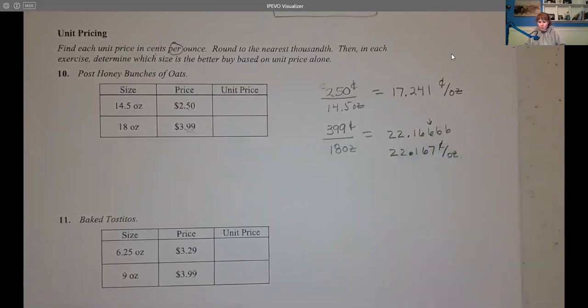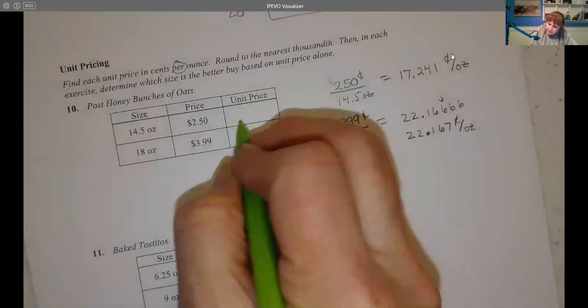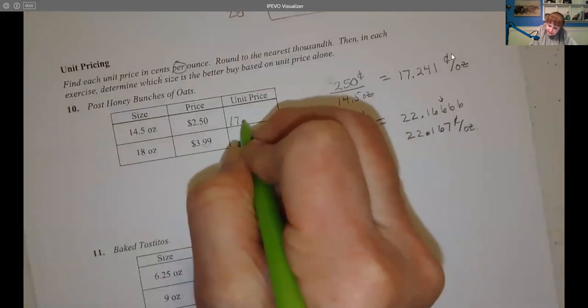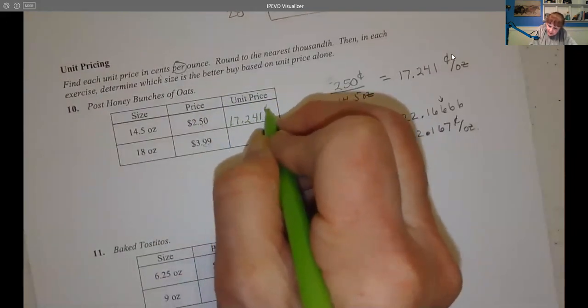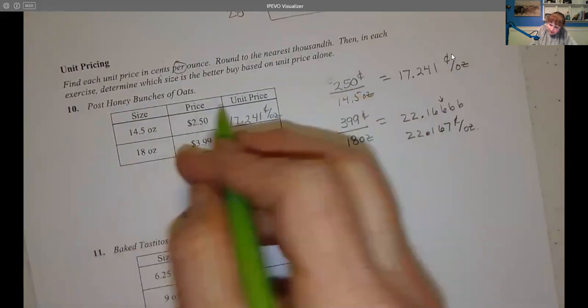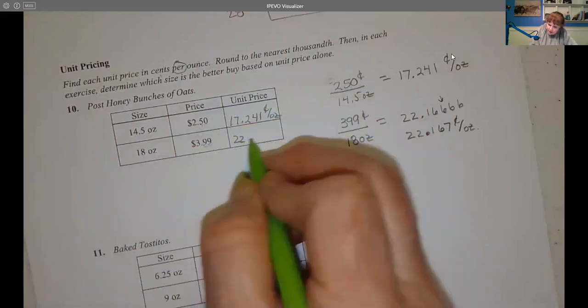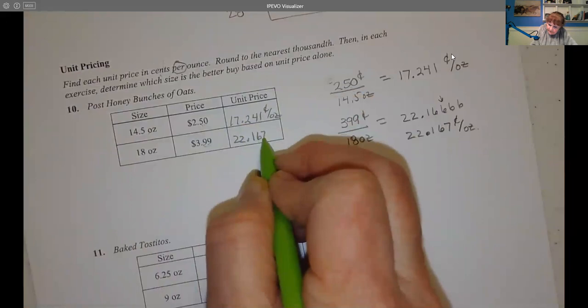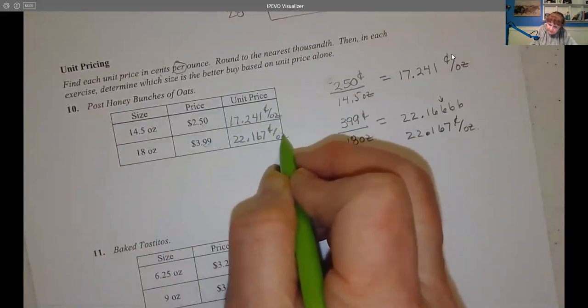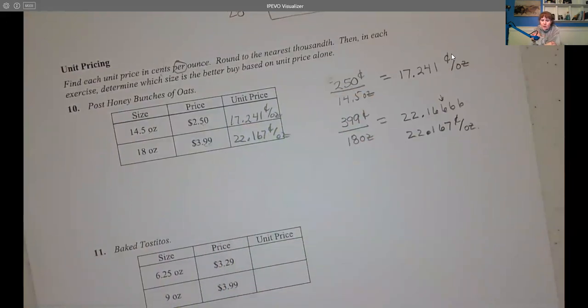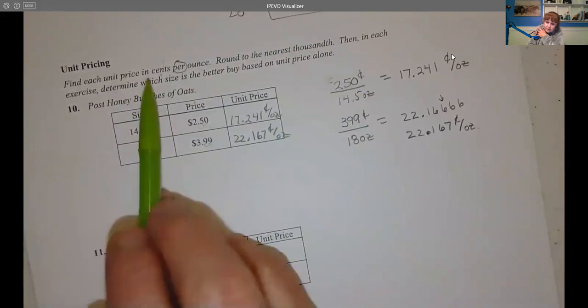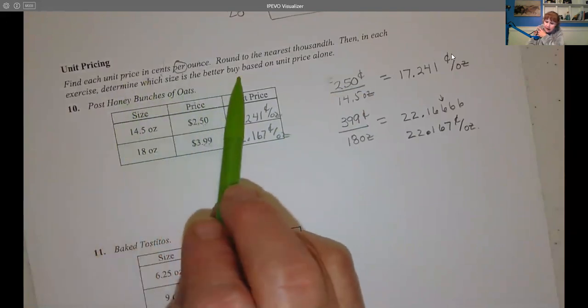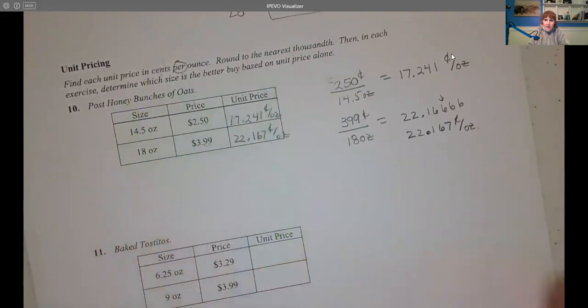All right. So which one's cheaper? Okay, well here, let me write it here. So we have got 17.241, and we have 22.167 cents per ounce. Well, and sometimes they'll ask you which one is cheaper. Oh, yeah, they do. Determine which size is the better buy based on the unit price alone.